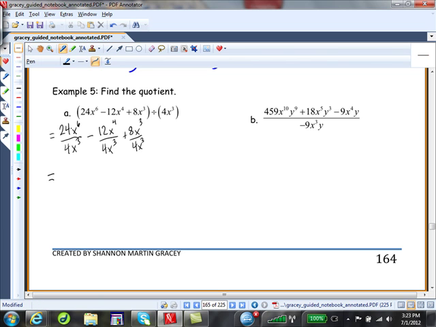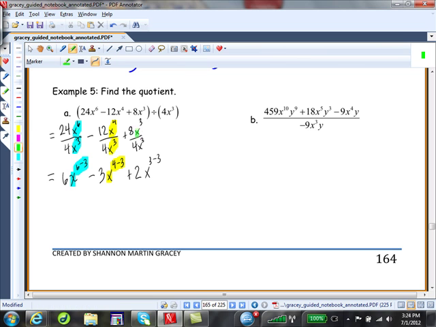Okay, so 24 divided by 4 is 6. And then we'll have x to the 6 minus 3. Minus 12 divided by 4 is 3. Then we get x to the 4 minus 3. And 8 divided by 4 is 2. We get x to the 3 minus 3. So in this one, that's how we did the variables. In this guy, that's how we divided the variables.